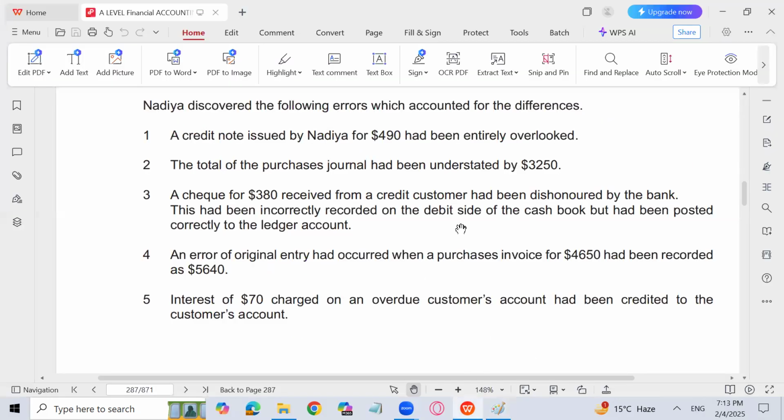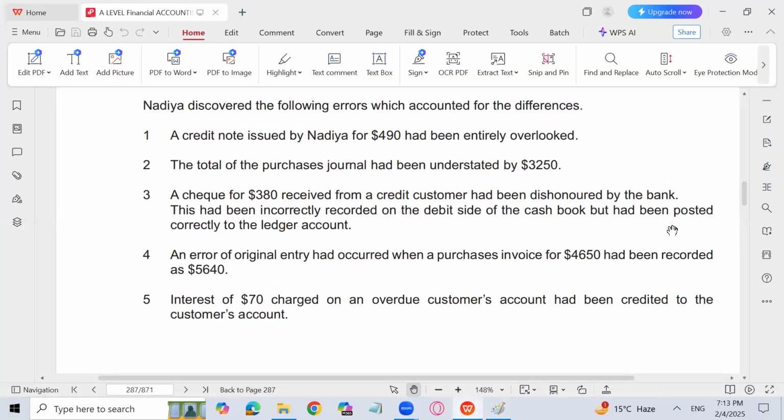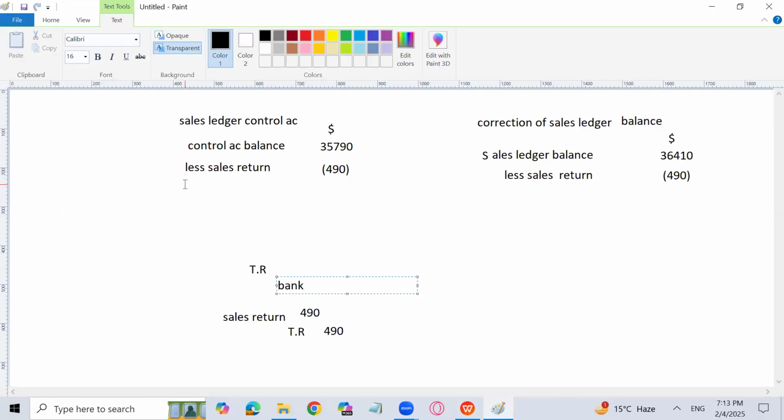But in the cash book, we have recorded it on the debit side. So rather than crediting bank, we have debited bank. It means that we have credited the trade receivable, which needs to be debited actually, but had been posted correctly to the ledger account. Individual ledger is correct. Individual account is already correct. So what we are going to do, it will come only in the control account. It will be added in the control account, but with the double amount. So it will come over here.